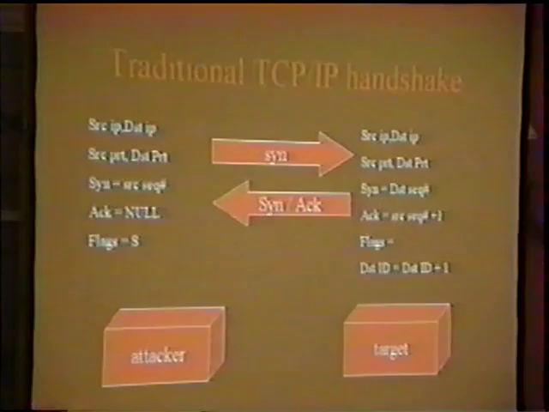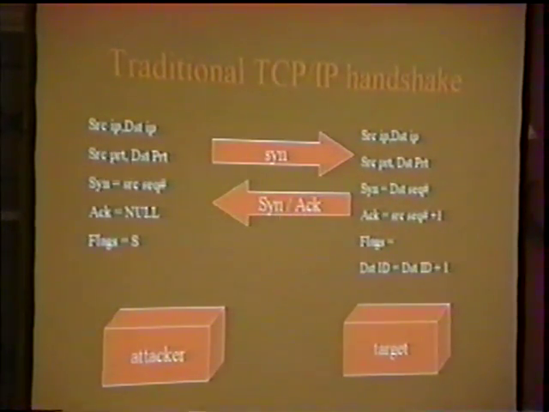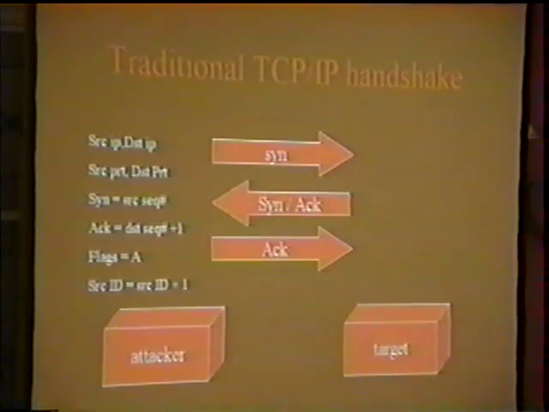So it will send like the source IP, destination IP, SYN equals destination sequence number, ACK equals source sequence number plus 1, flags if no flags, and then increment its ID number by 1. So this is like a traditional handshake.